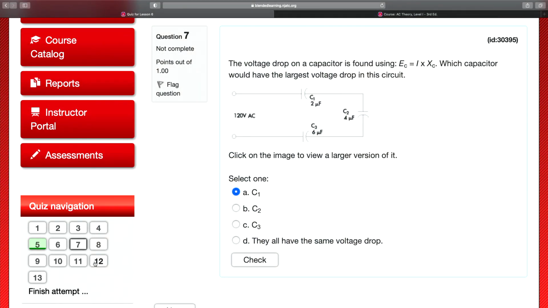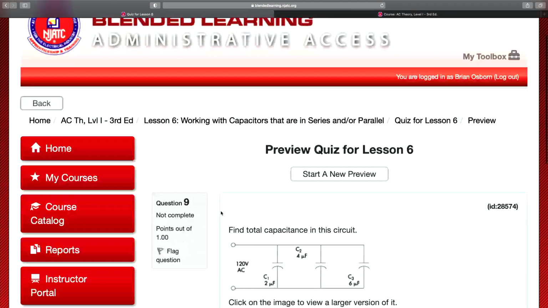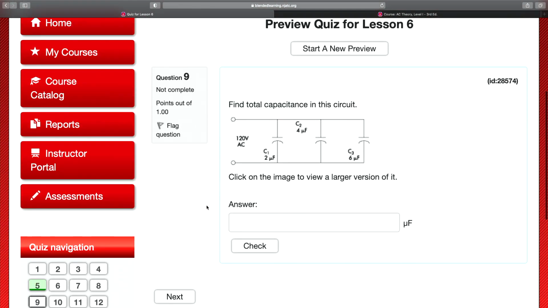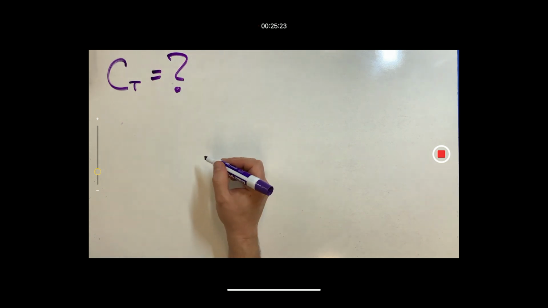So let's take a quick look at question 9. Now, this question is asking us again for capacitance. And as I've told you guys previously, the best thing to do is first of all write down what they're asking for. They're asking for capacitance, and I'm going to put T for total capacitance. And that is the question that they're asking us.